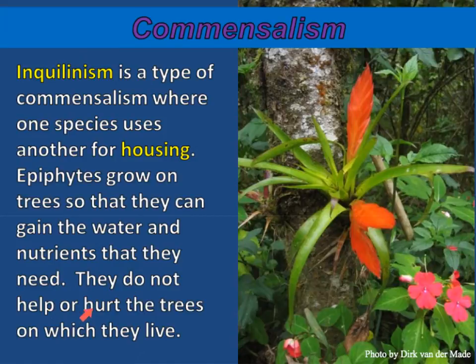They do not help or hurt the tree on which they live. Even if you do not know what the name epiphyte is, you just have to understand the relationship between it and the tree. It grows on trees so that those epiphytes can gain water and nutrients, but those epiphytes don't harm the tree or benefit the tree. Because of that, that is commensalism.